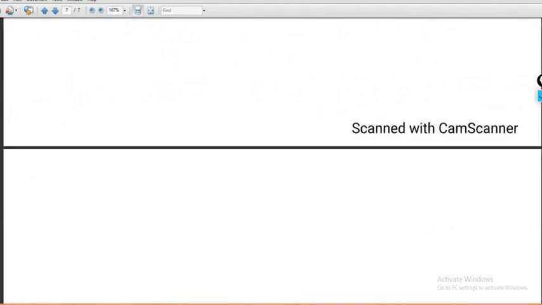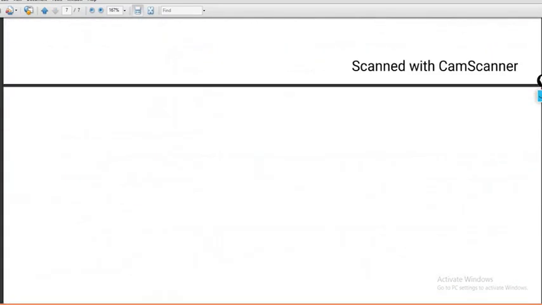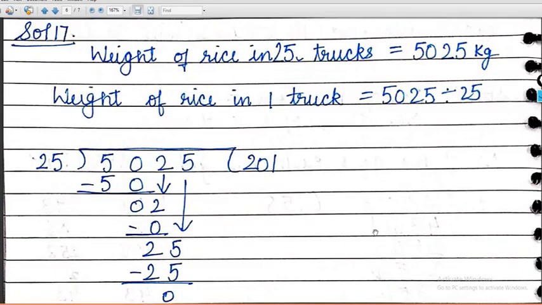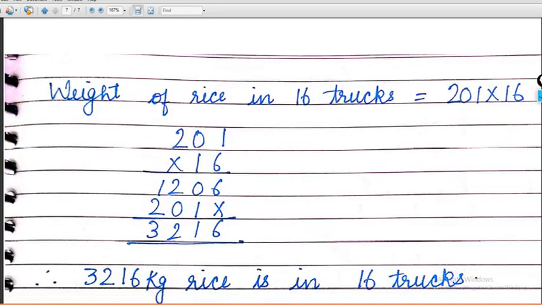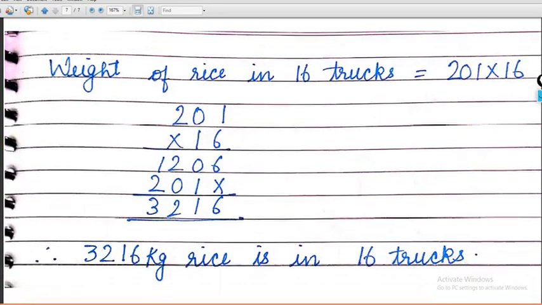Yes, look beta, like in this question, first we are dividing by 25 so that we can get the weight of rice in 1 truck, and then we need to calculate the weight of rice in 16 trucks. So whatever answer comes, you will multiply it by 16, you will get the result.